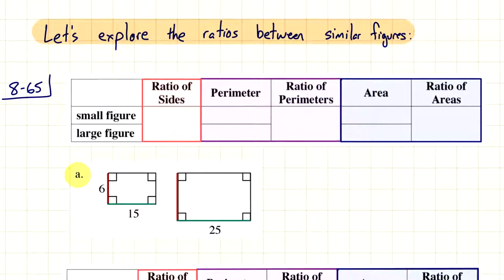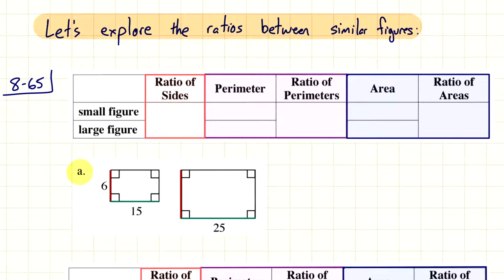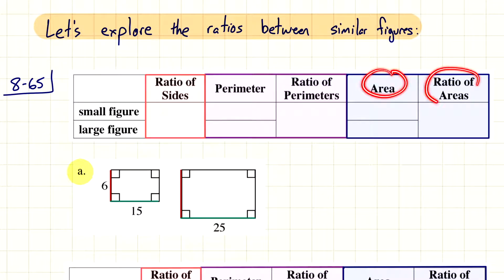All right, so let's start with this first pair of rectangles. What we're trying to do is organize our ratios. First we have a ratio of sides, a ratio of perimeters, and a ratio of areas. If we know the areas, then we can make a ratio of them.